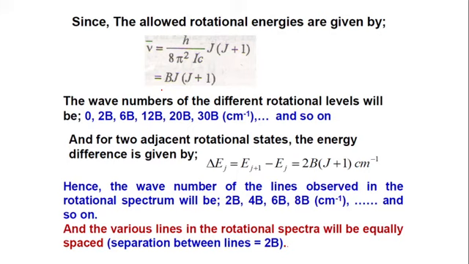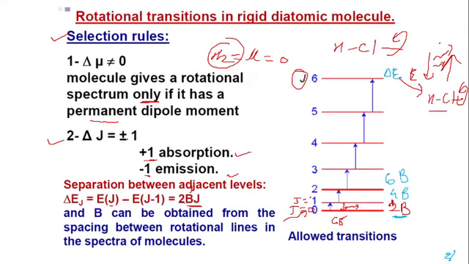This value is the value of B, that is BJ(J plus 1). The wave numbers of the different rotational levels will be 0, 2B, 6B, 12B and 20B. Like this, this is 2B, then 4B, 6B, then 12B.